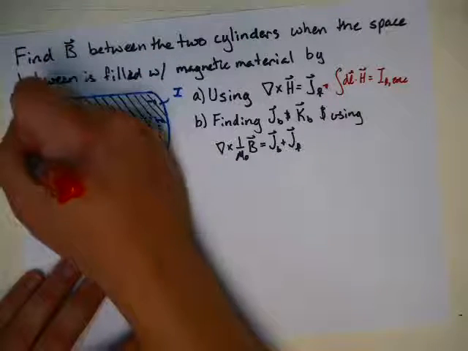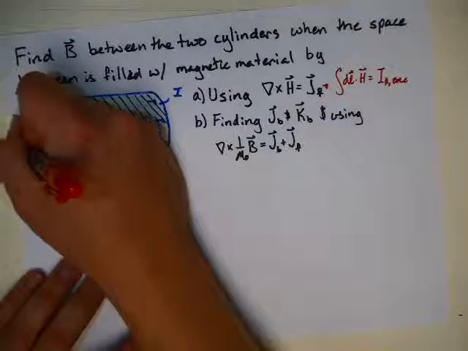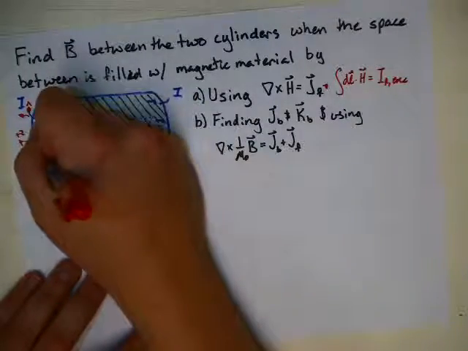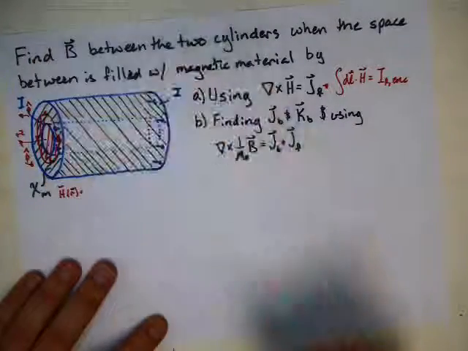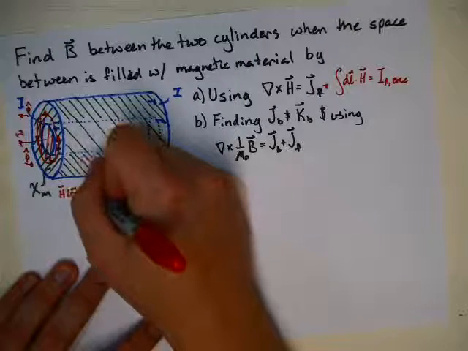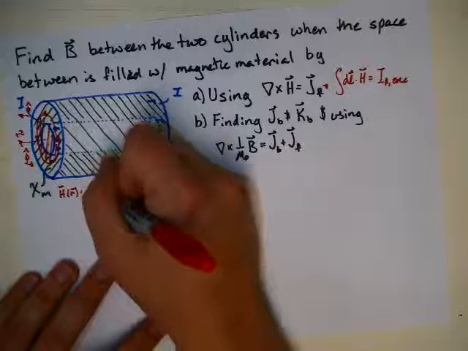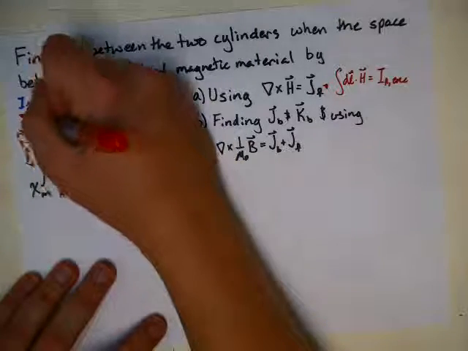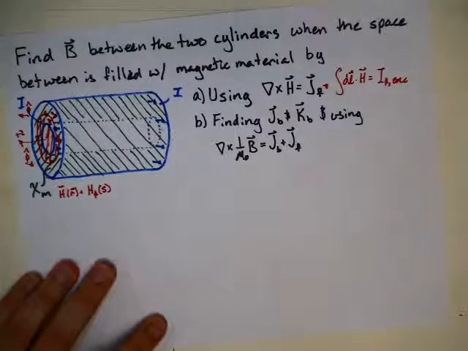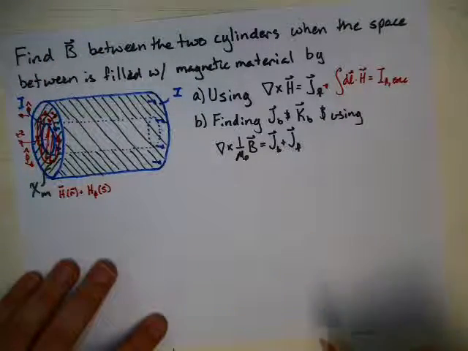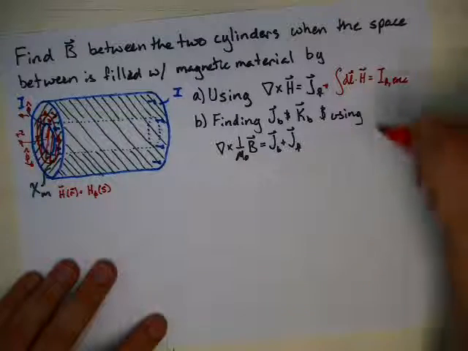This will be phi hat, and it will be coming out of the page this way on the bottom. And so we're going to say that H only points in the phi hat direction, and it only depends on the distance s from the axis. That's just a statement of symmetry of the problem.